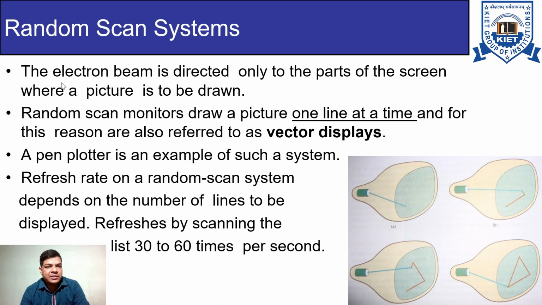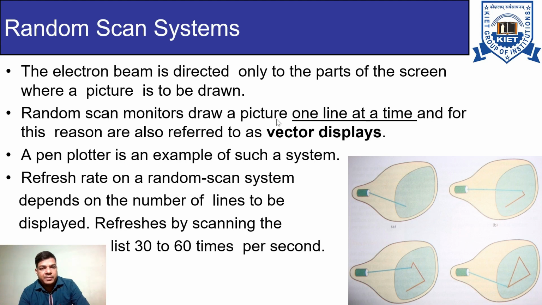Now in random scan systems, the electron beam is directed only to the parts of the screen where a picture is to be drawn. So here the movement of the electron beam depends on the image of the object, and normally through these systems we are drawing objects which have a structure like a line.